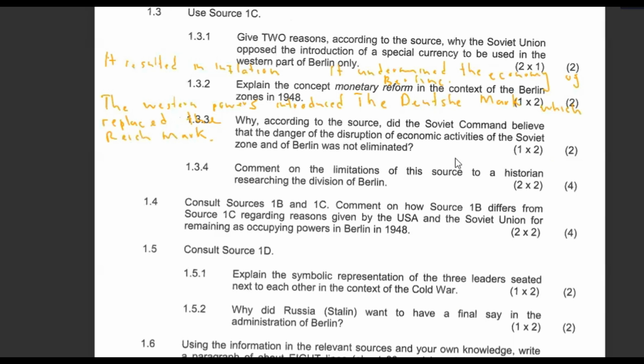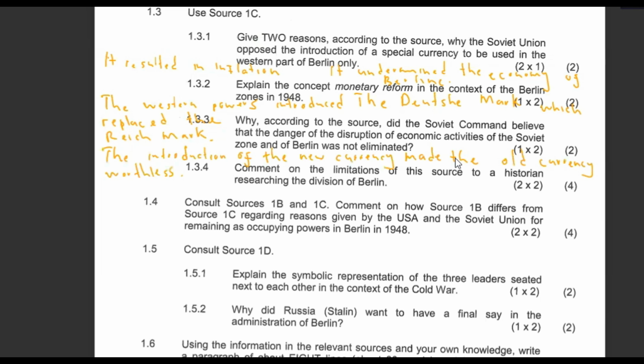The danger remained there because the introduction of the new currency made the old currency worthless.